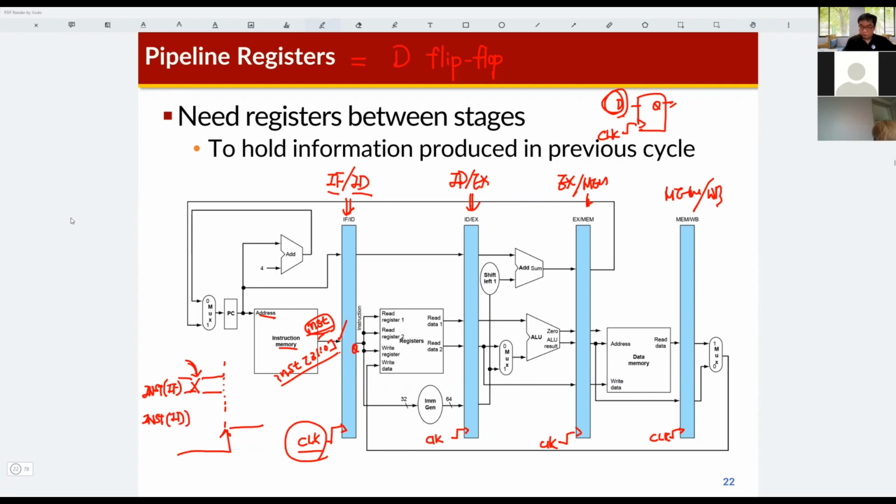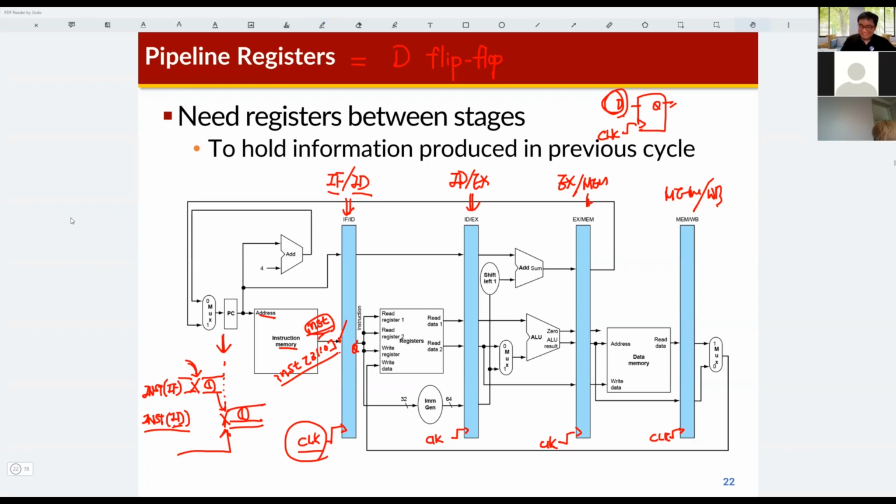This is the instruction fetch stage, and this is the ID stage. This is the instruction in the instruction fetch stage, and this is the instruction in the ID stage. So instruction 1 is updated and becomes the output of the ID stage at this timing, the rising edge of the clock. So the 1 comes here. Do you understand what I said?